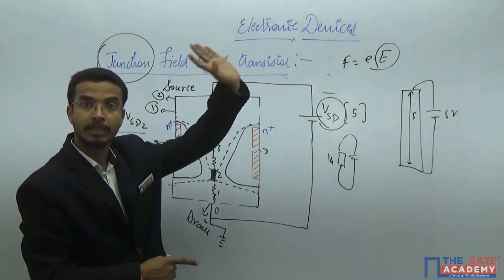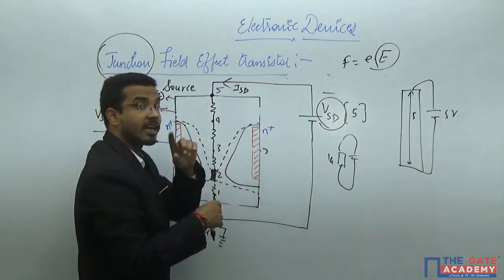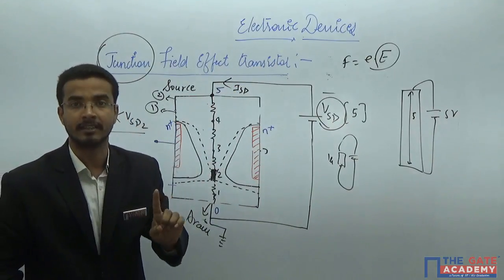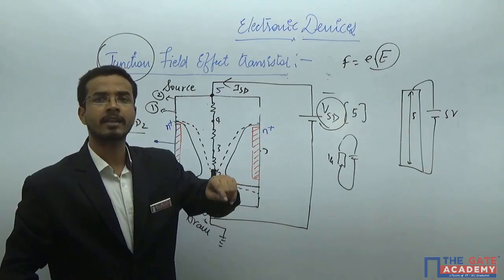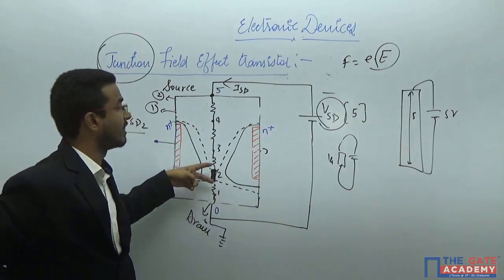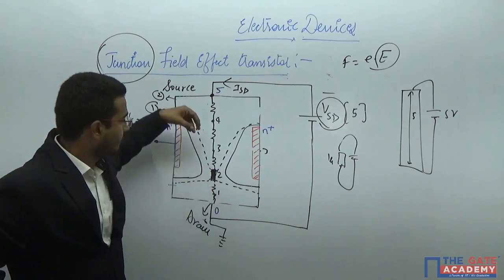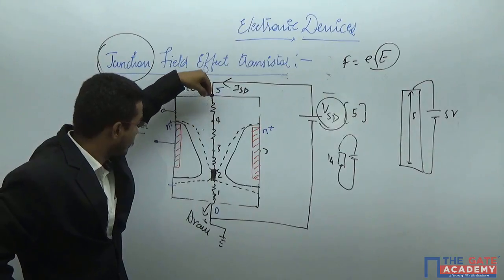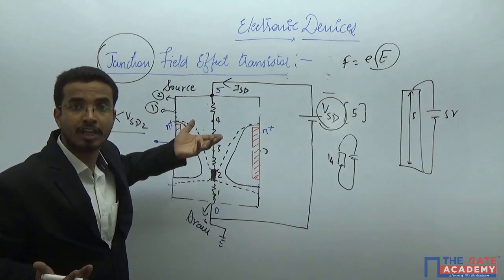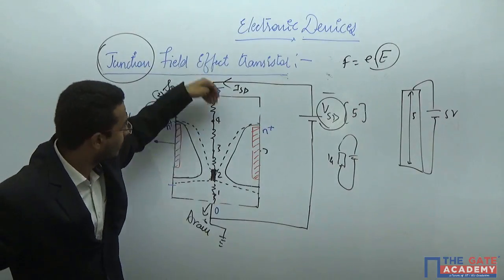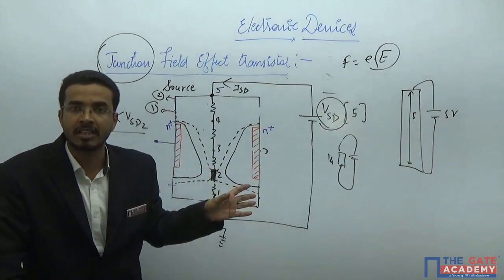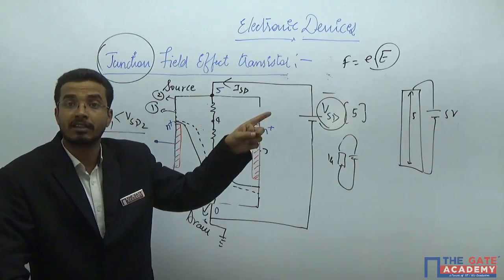So we have assumed in the sharp edges that the current will become zero, which is not so practically. Practically the current will be there and that current will be constant because the electric field is constant now. And if a fixed number of charge carriers are moving from here to here, because the doping you are not changing, that means the fixed number of charge carriers will move from here to here with a constant velocity under the influence of high electric field.